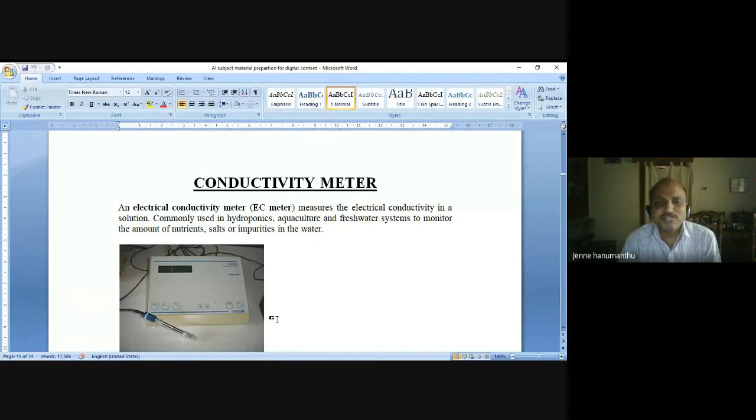Before that, we want to check whether the water is fresh or not, which will be useful for aquaculture. We want to check the nutrients, maybe salts, or any other impurities. Based on that, we go for other processing, right? For measuring all these, we need conductivity meters.